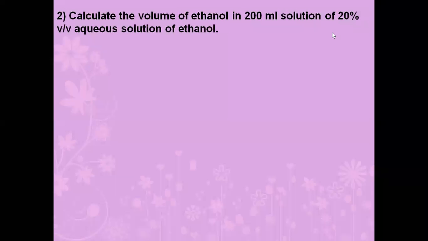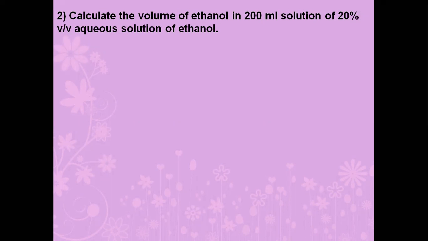The next problem. Calculate the volume of ethanol in 200 ml solution of 20% V/V aqueous solution of ethanol. So we will find out the volume of ethanol. The volume of the solution is given and the volume percentage is given, that is 20%.